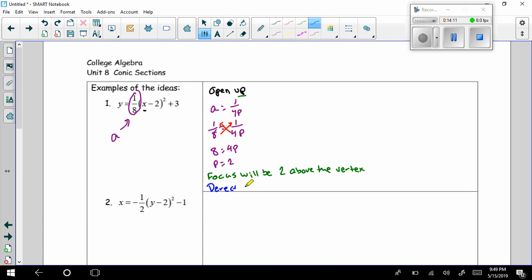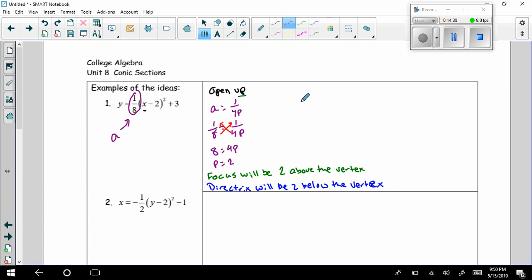And the directrix will be 2 below the vertex. There we go.